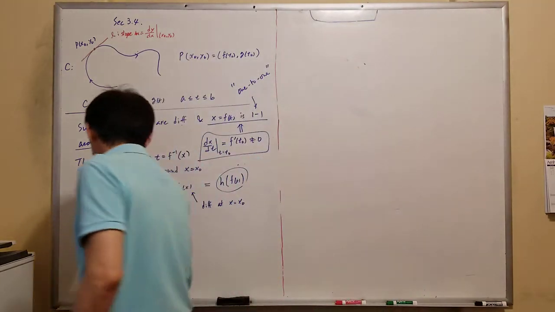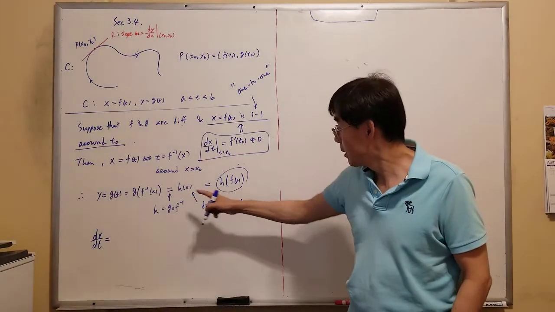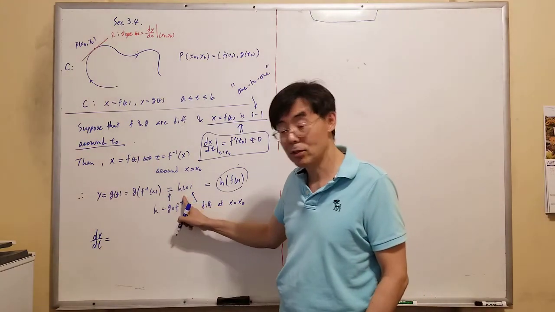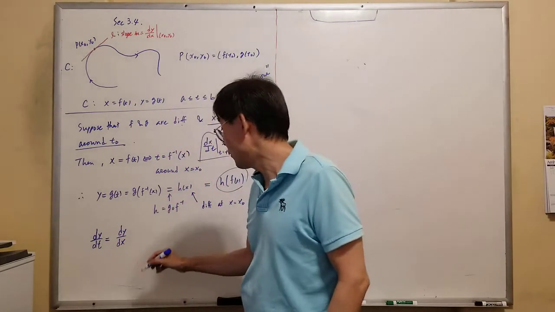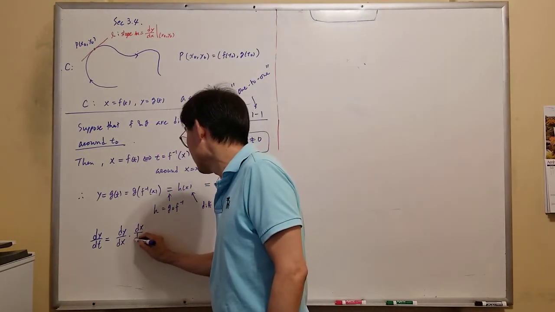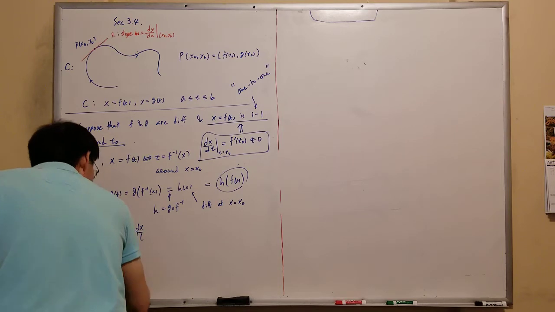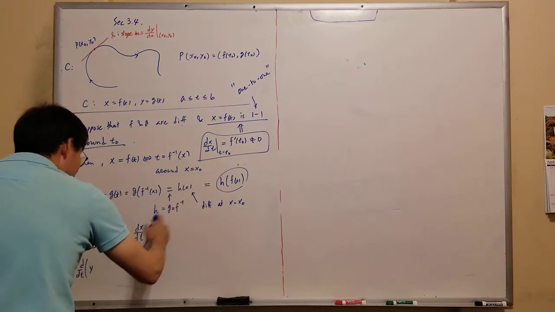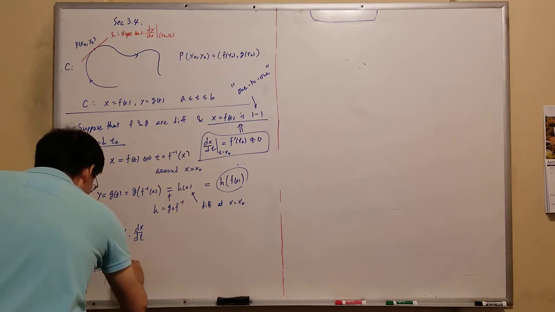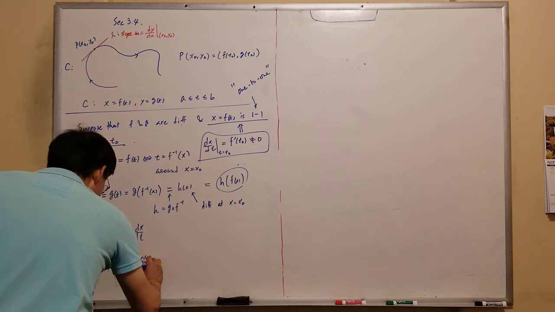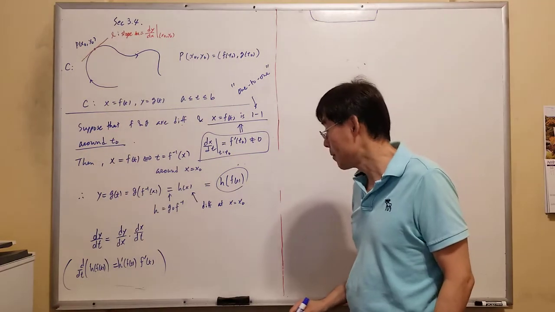So here, we want to relate dy over dt using the chain rule. Y is originally given as a function of x. If you consider that, then it is the derivative of the outside function times the derivative of the inside. So it is just like the t derivative of y, which is h of f of t, giving h prime of f of t times f prime of t. This is just the chain rule, right?